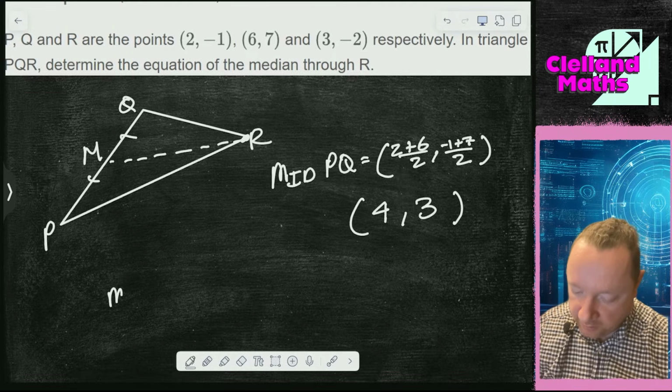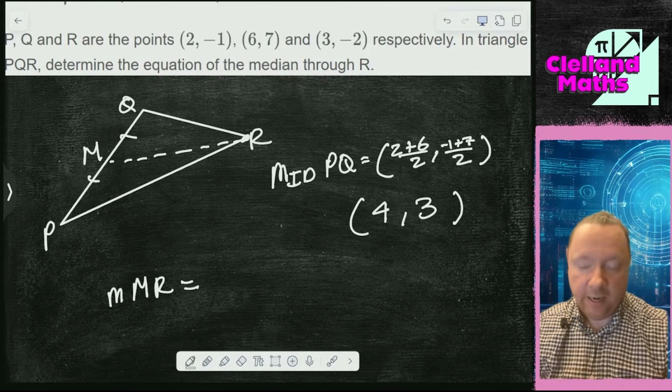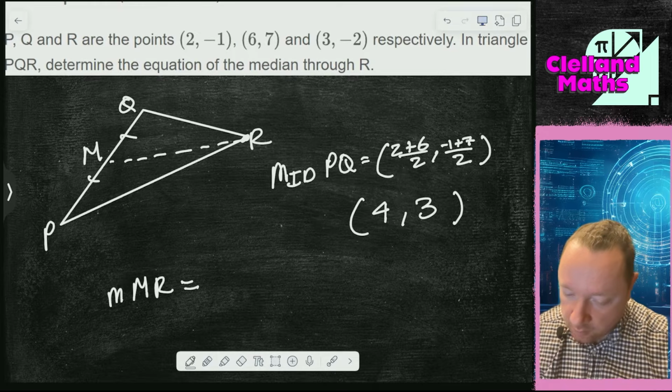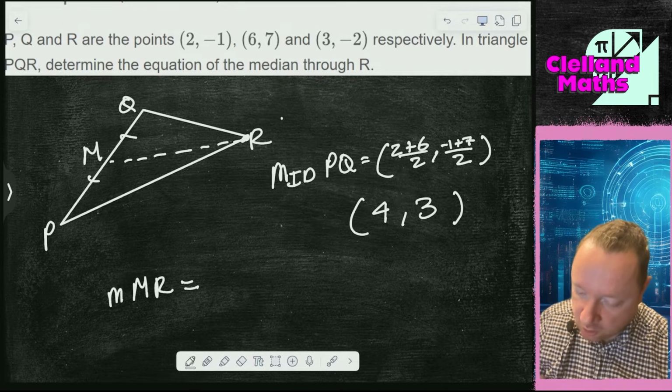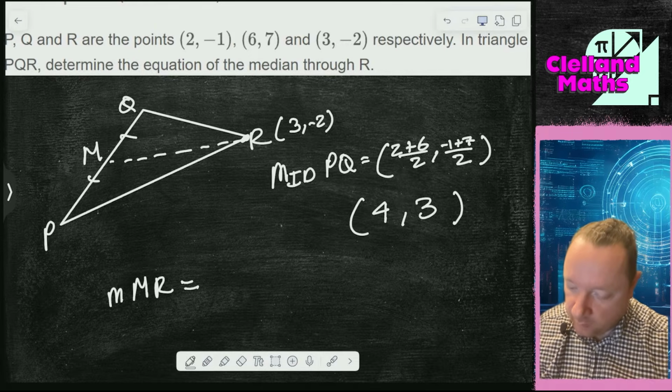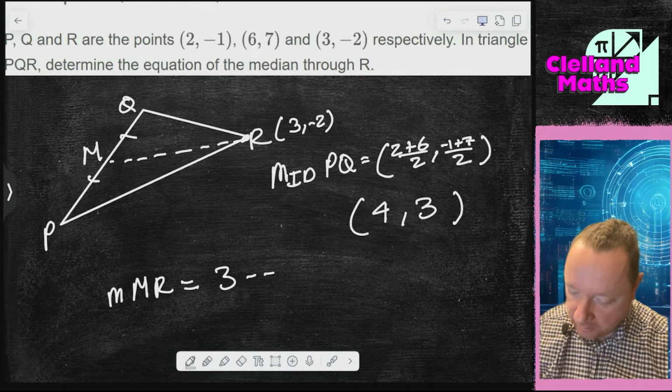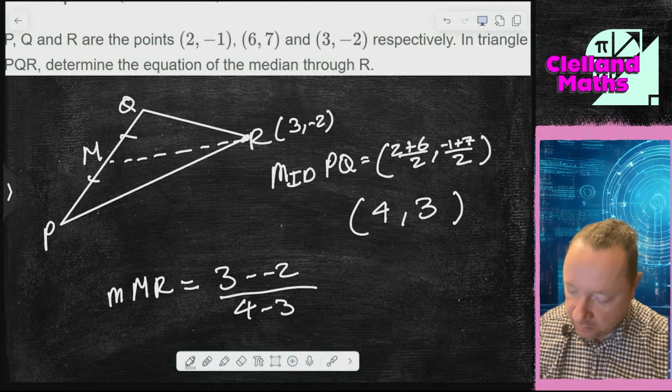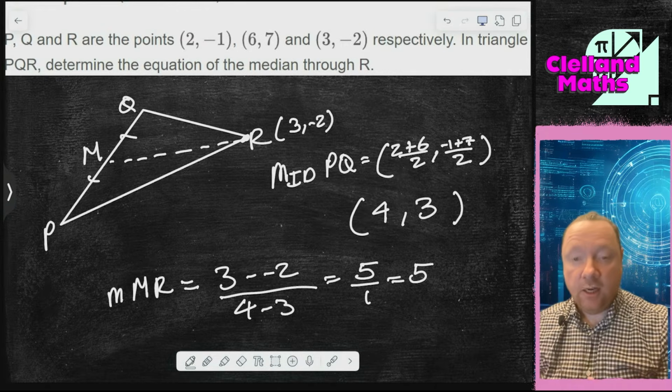And then we can find the gradient of M and R, because we always need a gradient, and we can't find it any other way. So R, remember, is 3 minus 2, I'll just note it there. So we've got y2 minus y1, 3 minus minus 2, over x2 minus x1, 4 minus 3, that's 5, over 1, which is 5. That is the gradient.